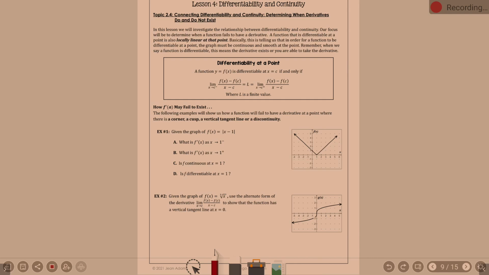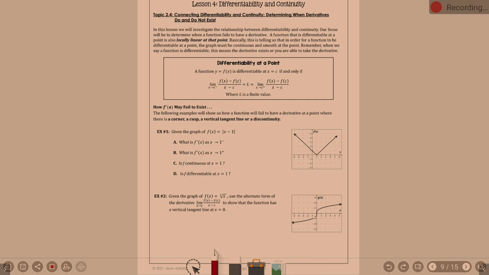Remember, when we say a function is differentiable, this means the derivative exists, or you're able to take the derivative, okay? So officially here, differentiability at a point. A function f of x is differentiable at the point x equals c if and only if the limit as x approaches c from the left of f of x minus f of c over x minus c equals the limit as x approaches c from the right of f of x minus f of c over x minus c.